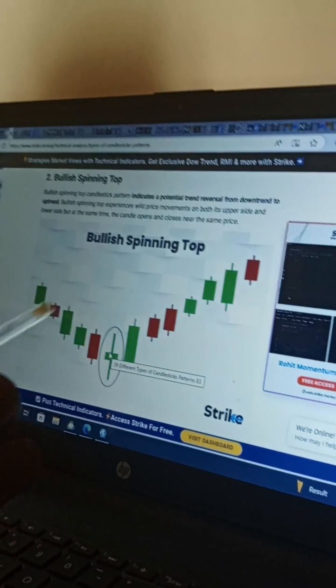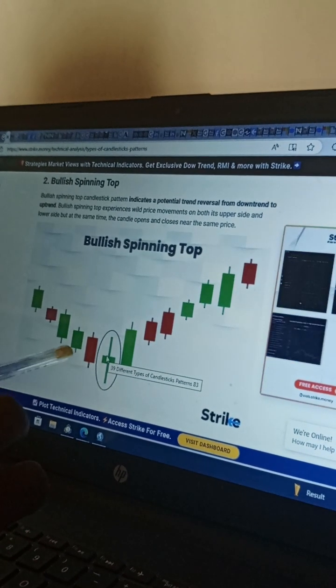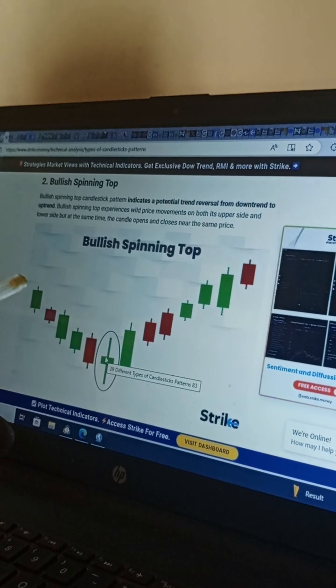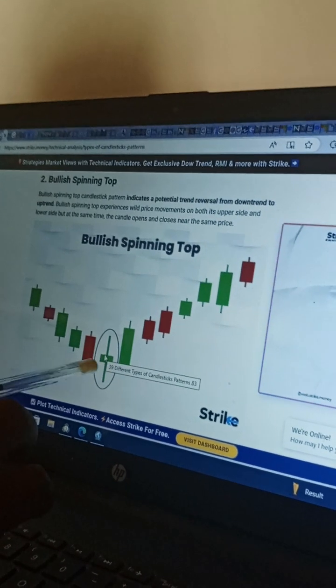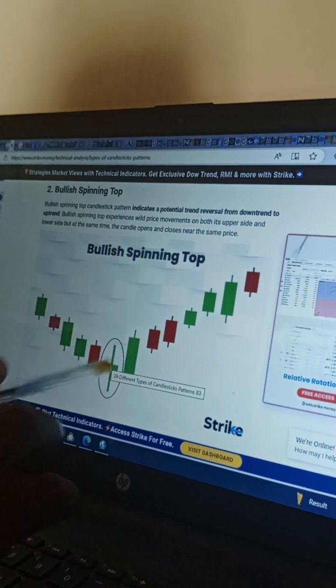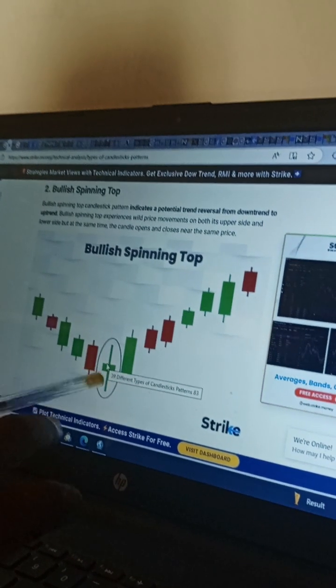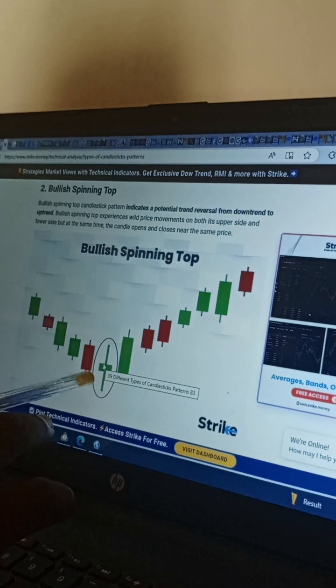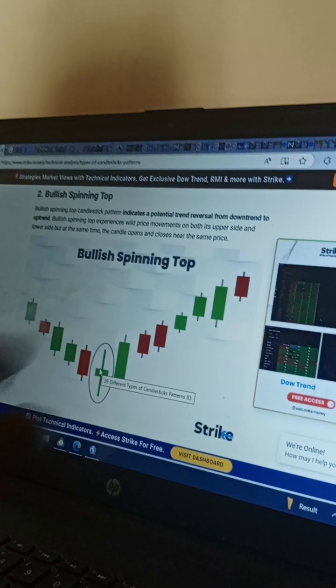So this is a bullish spinning top, and it indicates the presence of a trend reversal. Whenever you see this at a certain level, you know that we are about to go bullish.